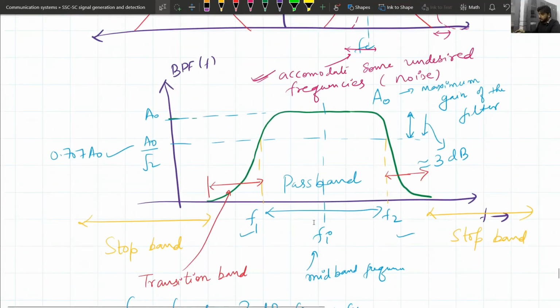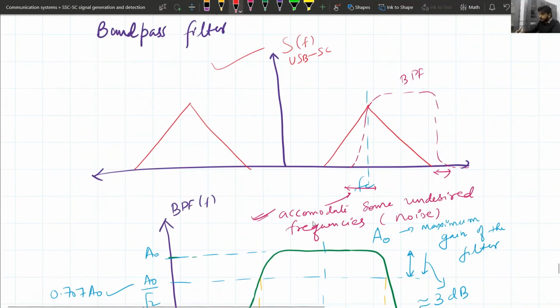This energy gap will fulfill the transition band that is there in the band pass filter.